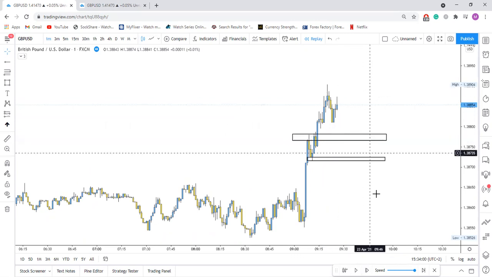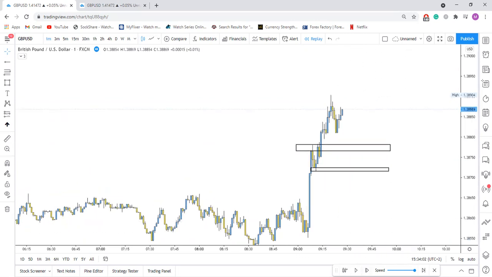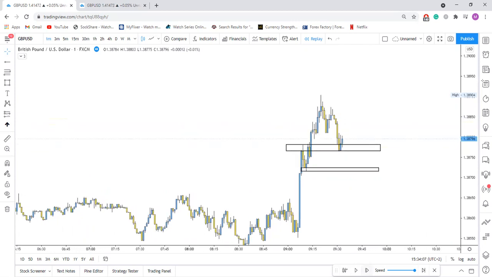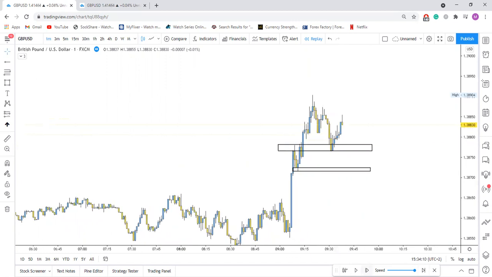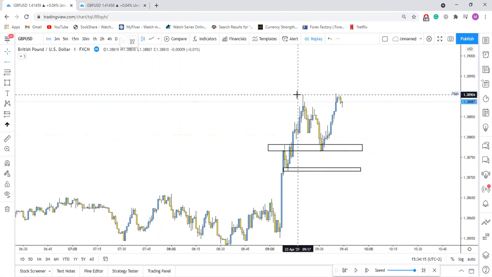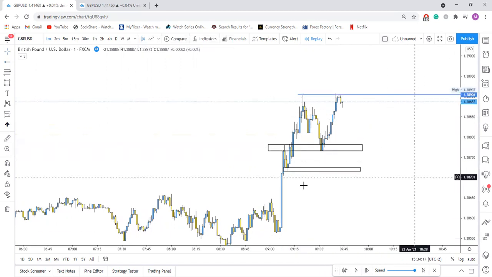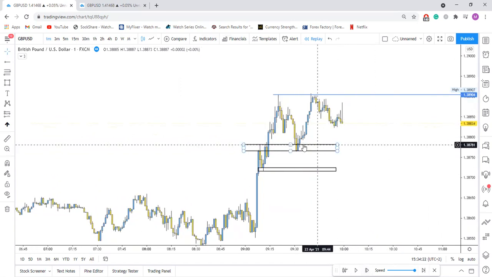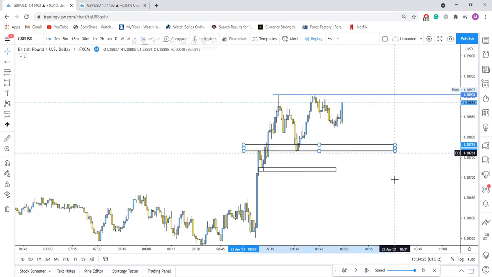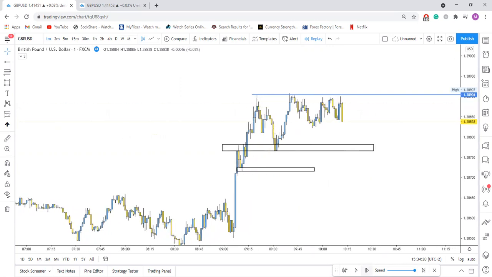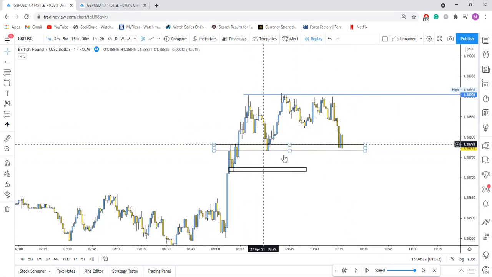So if price does come into here, we're not taking the retest anymore. Oh, and it went up. The nature of price action there. You need price to break above that there, or to break below this low.